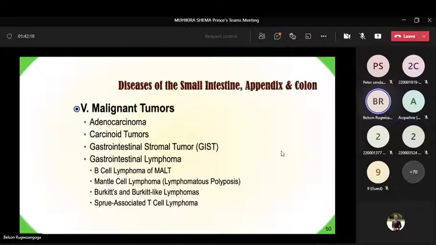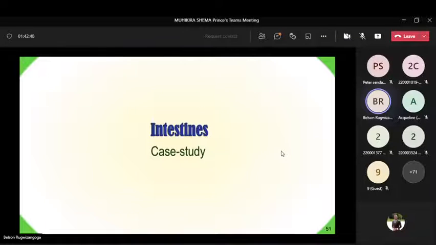Then malignant tumors: adenocarcinoma, carcinoid tumor or neuroendocrine tumors, gastrointestinal stromal tumor, and lymphoma. It can be of B cell or B lymphocyte origin, mantle cell, Burkitt lymphoma, and sprue-associated T cell lymphoma, meaning someone had sprue, an intolerance to gluten, and because of that developed T lymphocyte lymphoma.